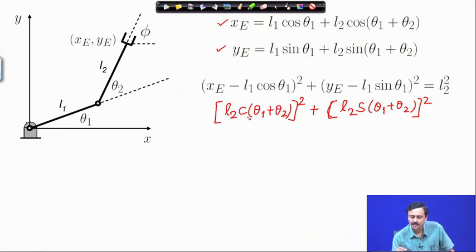I have written C for cos and S for sine. So, the sum of squares of these two is L 2 square.